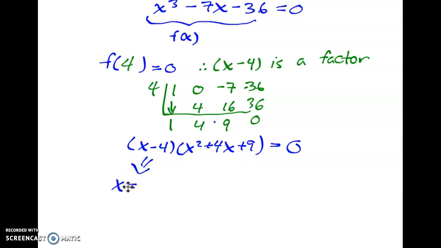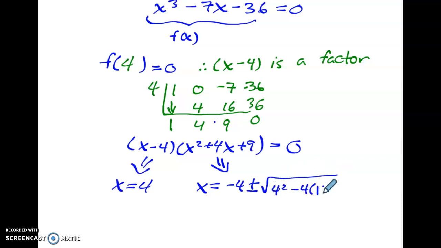So on this side we get a solution that x equals 4, and from this bracket we do the quadratic formula. So x is equal to negative b plus or minus the square root of b squared minus 4ac all over 2a. And if we simplify that, we will get negative 4 plus or minus the root of negative 20 all over 2.